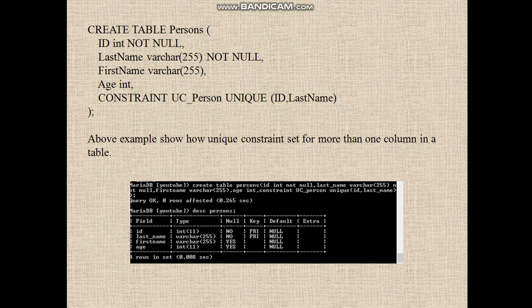So here you can see I am creating a table person, entering all the column names and data types, and here I am creating a constraint, the name of the constraint, and applying the uniqueness on two columns. So while you describe this table, you can see two keys are set, but this will not happen with a primary key.